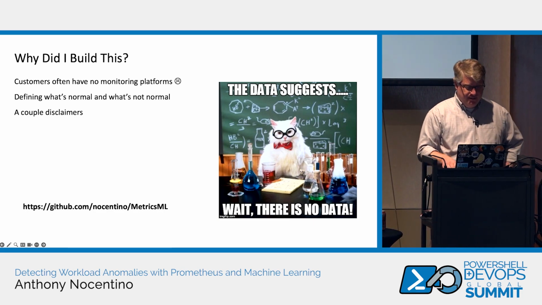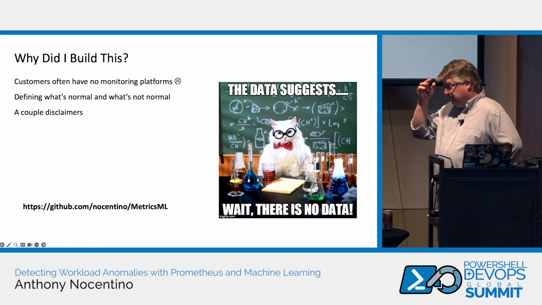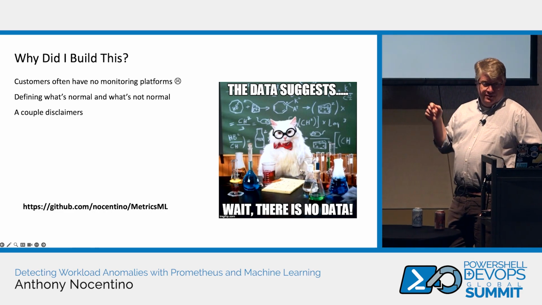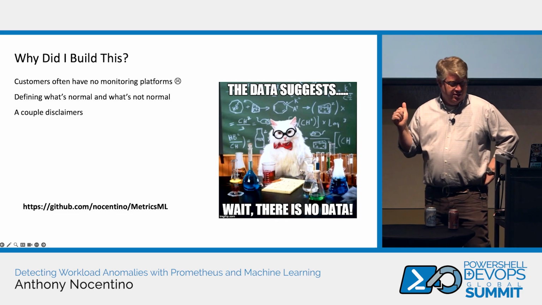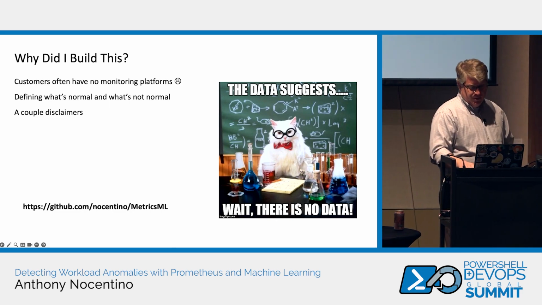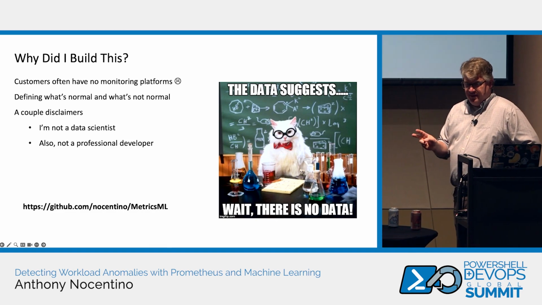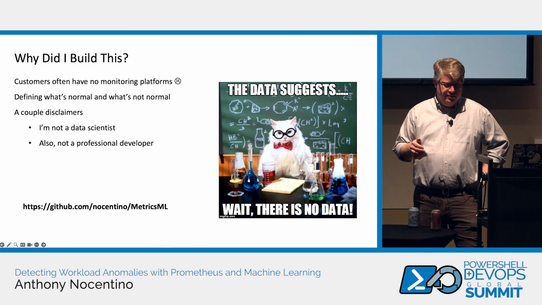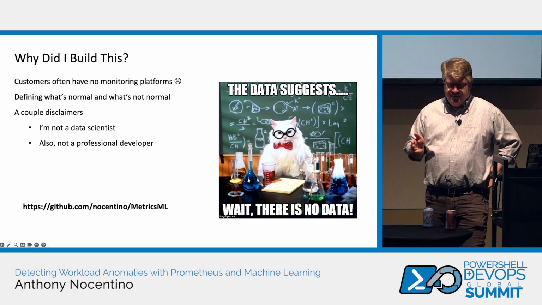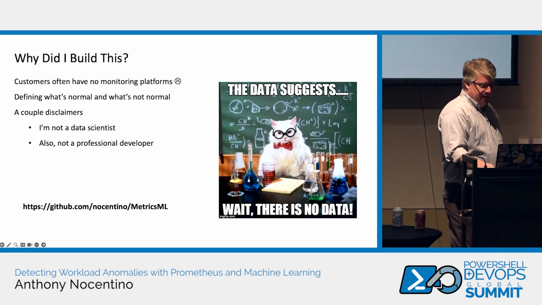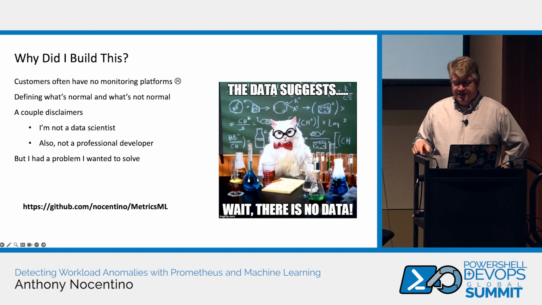And so I want to add a couple disclaimers, as anyone who is cracking open the code or looking at my code today. As I get into this, number one, I'm not a data scientist. And number two, I'm not a professional developer, right? I've never written production grade. Well, I used to write production grade code, but it's been about 15 years since I've done that. But I had a problem that I wanted to solve, right?